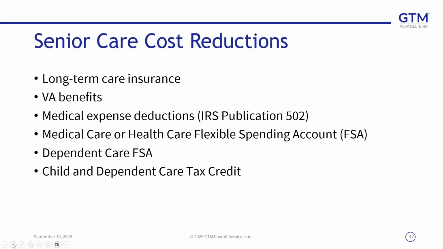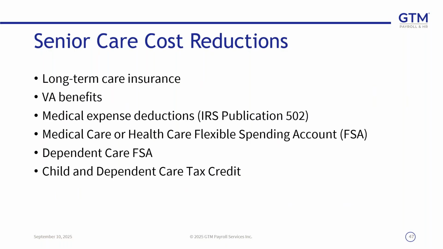The senior must be physically or mentally incapable of self-care, have lived with your client for more than half of the year, and be either their dependent or could have been their dependent under certain exceptions. These are potential options for your client to reduce their tax obligation and reduce their costs as a household employer.